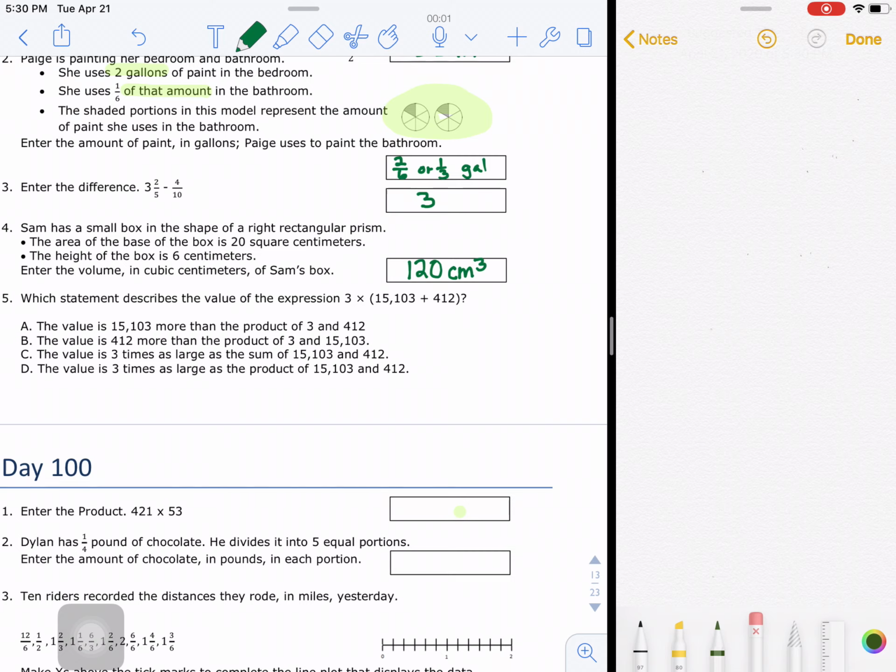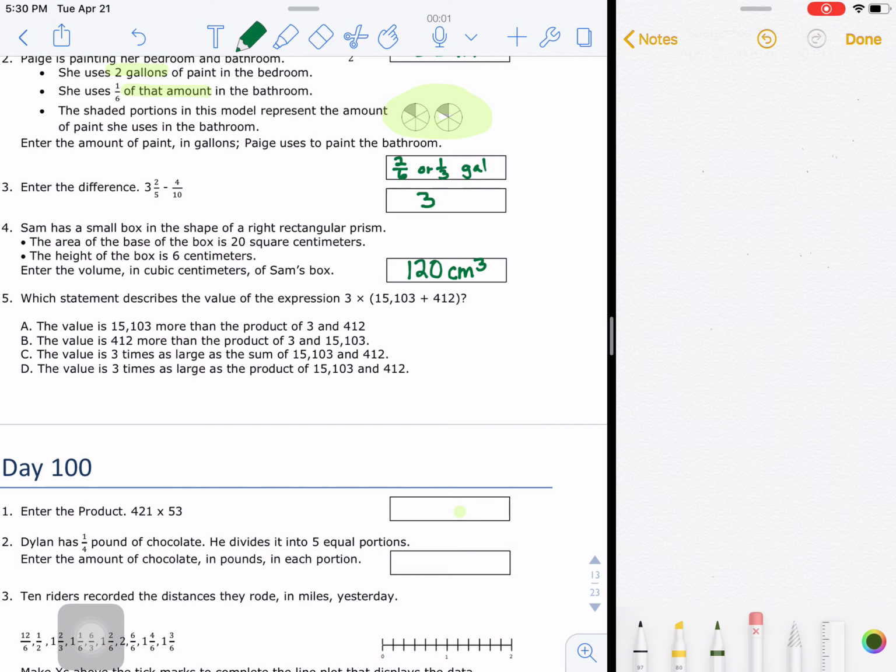You would describe that as the sum of 15,103 plus 412. And the question is, what is being done to that sum? And we see that it's being multiplied by 3. And when you multiply something by 3, it is 3 times as large.